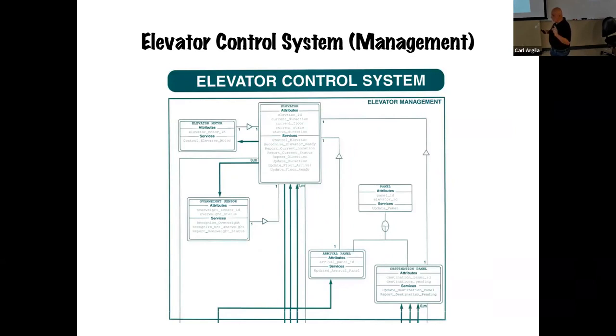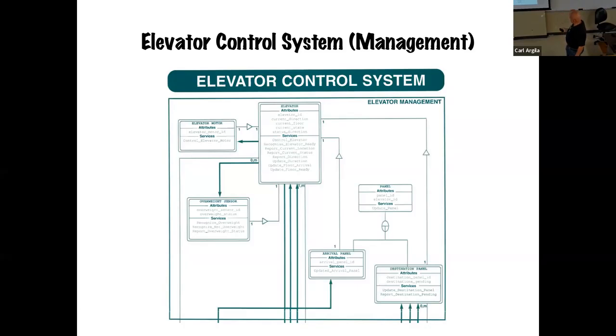And I will tell you that the initial approach that most of these groups take is to create one big object called elevator. They're thinking functional decomposition, where elevator now becomes the top of a hierarchy. So you can imagine doing functional decomposition and calling it object-oriented programming, and you make the elevator the controller.